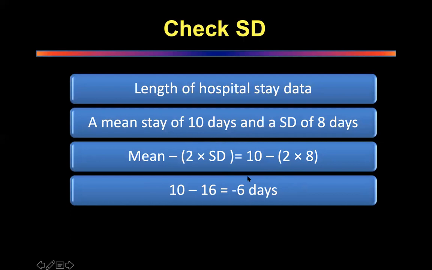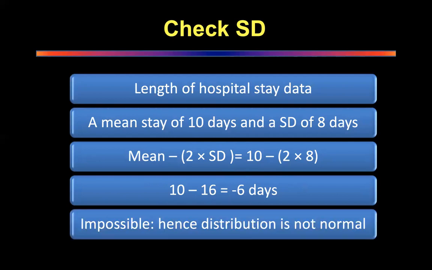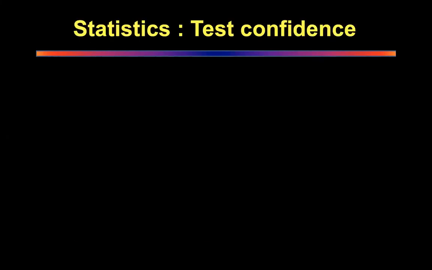But if minus 6 is not a sensible number, then this study has not represented the standard deviations properly. Hence, this distribution is not normal. This is probably a skewed distribution, and the author did not even understand it. So in the exam, just say mean minus 2 standard deviations, and if the value is sensible, then it's okay. If it is not sensible, then it's not a normal distribution.